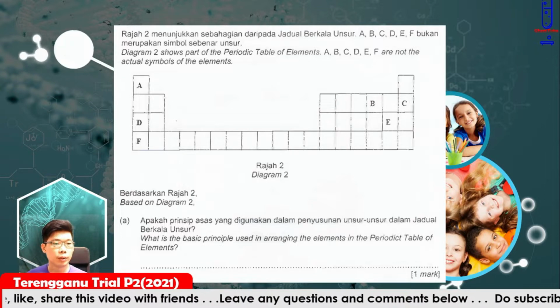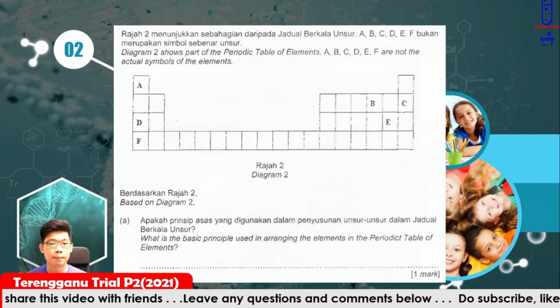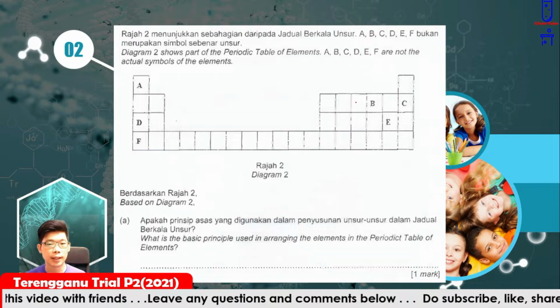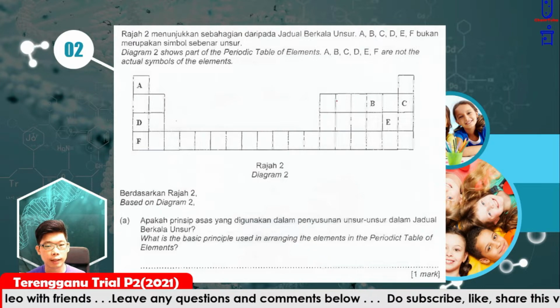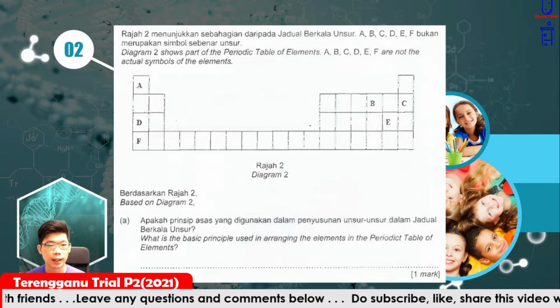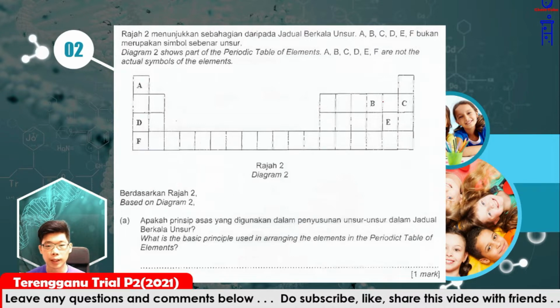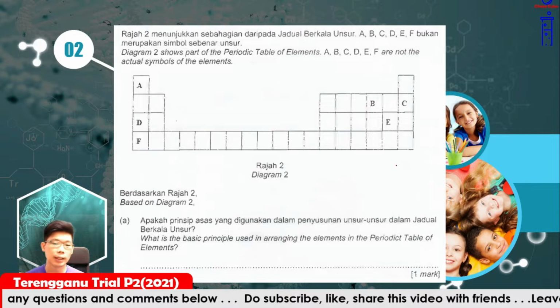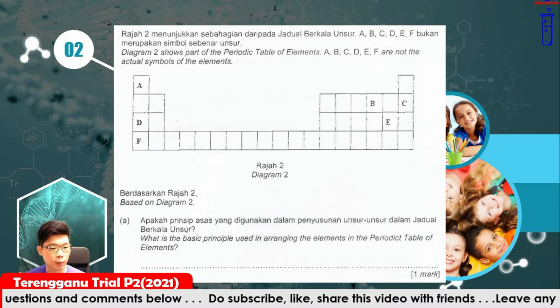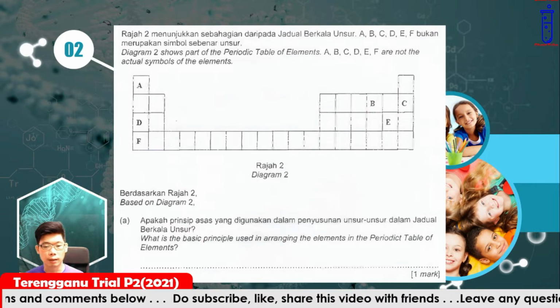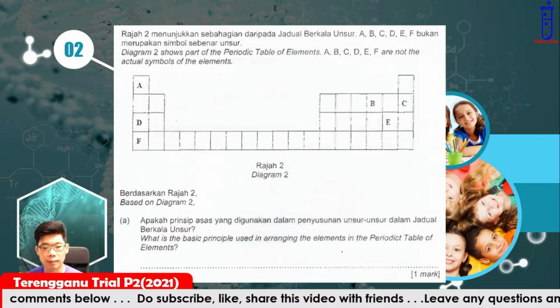Question number 2 is regarding the periodic table. You are given A, B, C, D, E, F in the periodic table. A, D, F are in the same group, while B, E, and C are in different groups. What is the basic principle used to arrange the elements in the periodic table?